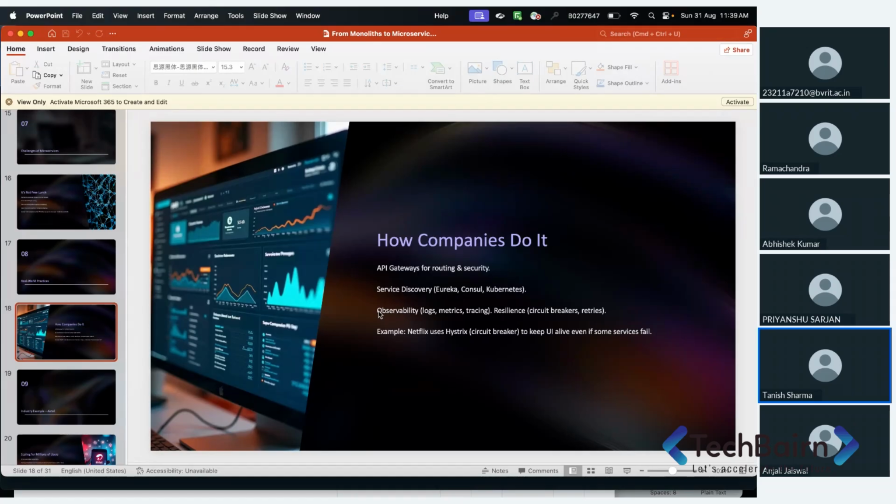So my circuit will break, and I'll make it normal again when I try again for 10 requests after some time, and now 8 requests are successful and 2 have failed. Okay, so now it's okay, something like this. So all of these are capabilities that you can explore more if you want when you are at a microservice level.